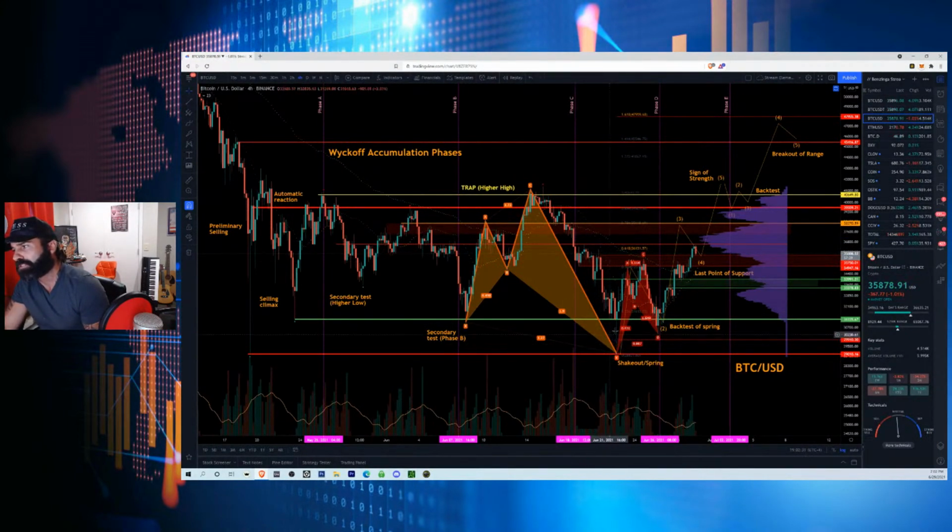The idea of having this lower low, this massive wick we had down to about 28.9, that was a fake out for the bears, right? We've had these lows. We got another lower low on June 21st.